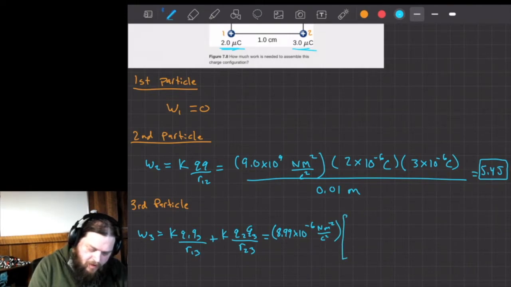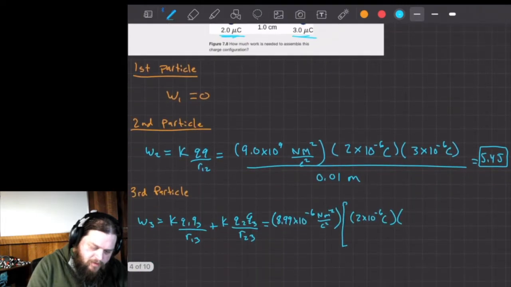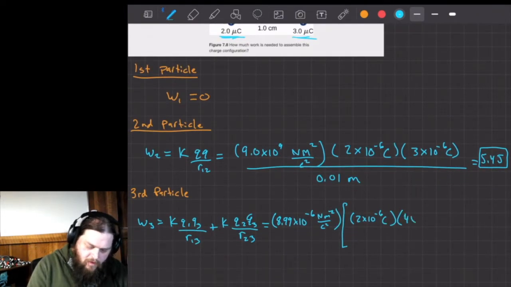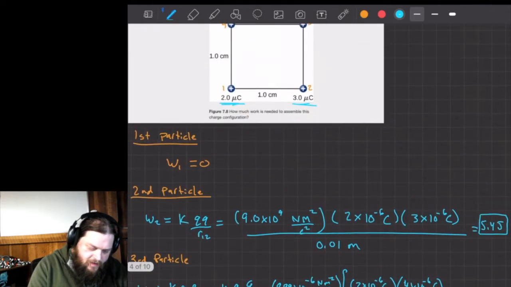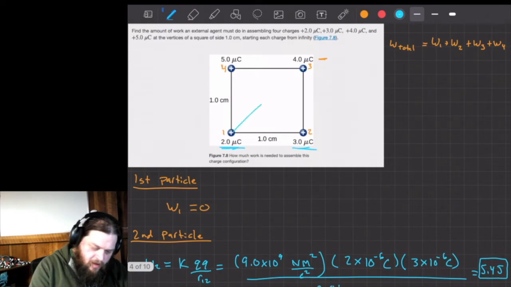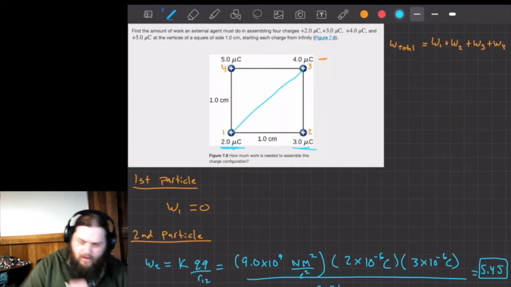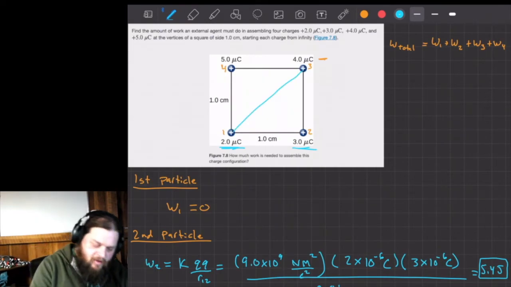We're going to multiply 2 times 10 to the negative 6 coulombs by, that was a 4 microcoulomb charge, 4 times 10 to the negative 6 coulombs. Divide that value by the distance between 1 and 3. Again, we have kind of that hypotenuse across there. This is a 1 centimeter cube.